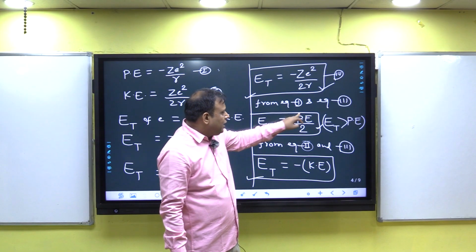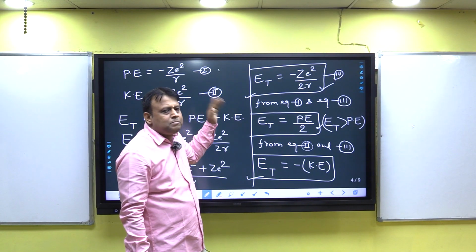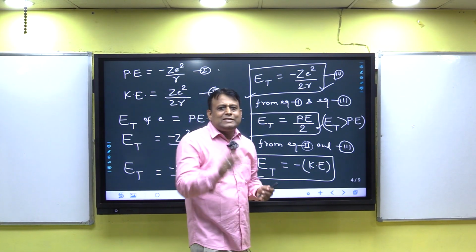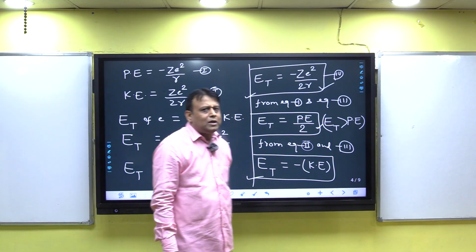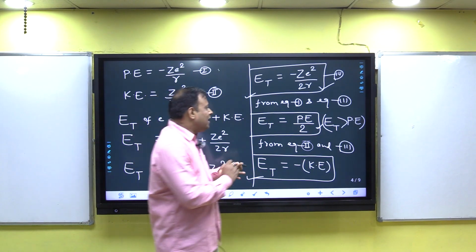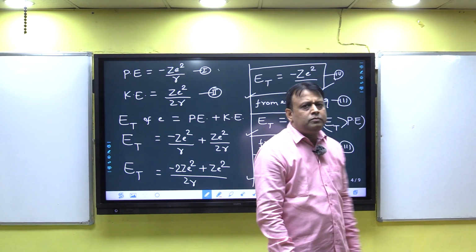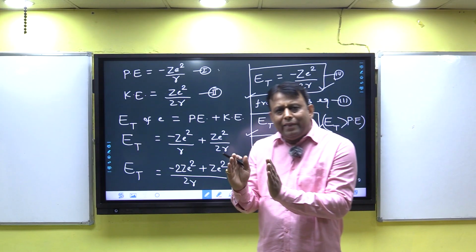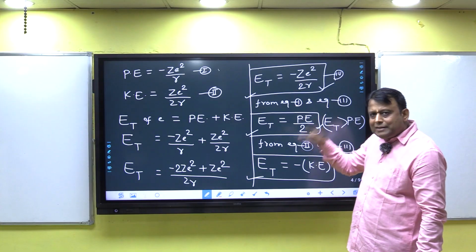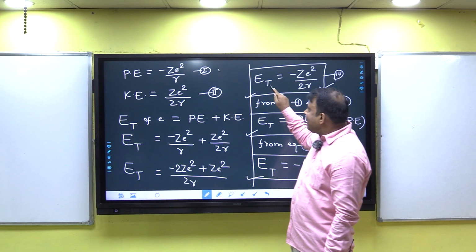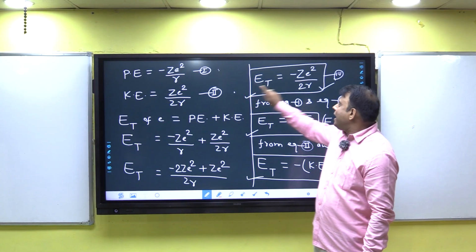In mathematical terms it is called potential by 2, but both have negative sign. With a negative sign, a smaller numerical value is called bigger, and hence total energy is greater than potential. One relation: in numerical value, total energy is equal to potential energy by 2.